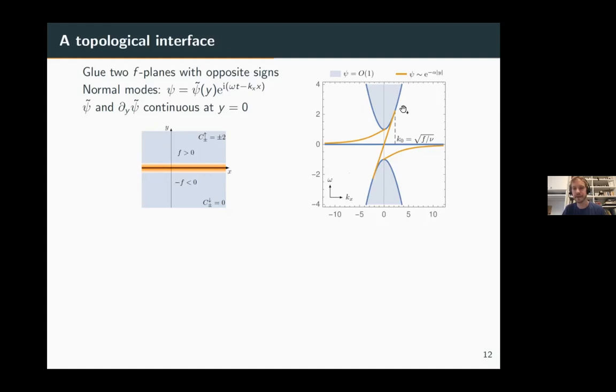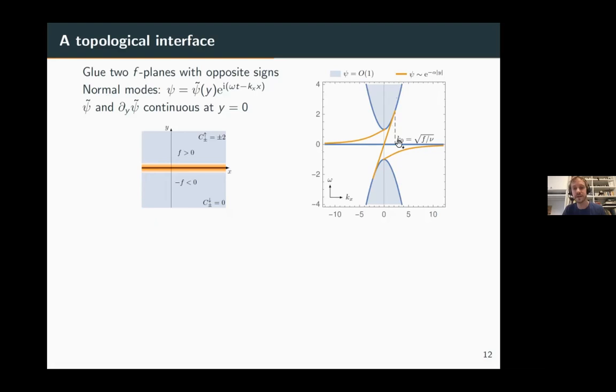On the other hand, you have this yellow curve, which corresponds to solutions which are exponentially decaying away from the interface. And these blue parts are reminiscent of the bulk 3D pictures I've shown you before, if you project them into the kx-omega plane.